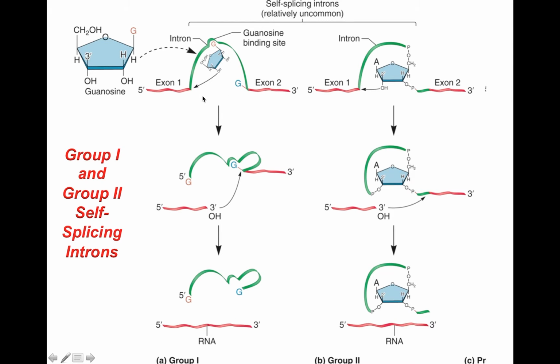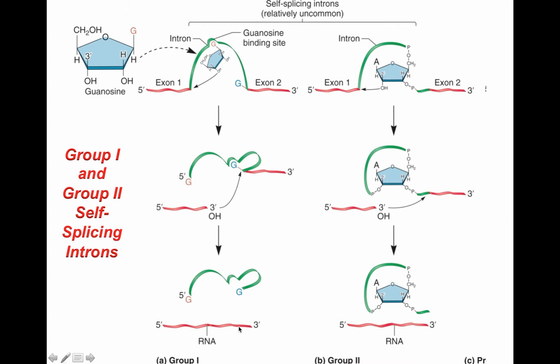This was one of the very first demonstrations that RNA had catalytic properties. In group 1 introns, the intron itself folds up into a 3-dimensional structure, grabs onto a guanosine nucleotide, and the 3' hydroxyl of the guanosine nucleoside attacks the 5' splice site, releasing a 3' hydroxyl end, which then in turn attacks the 3' splice site and releases the RNA intron.